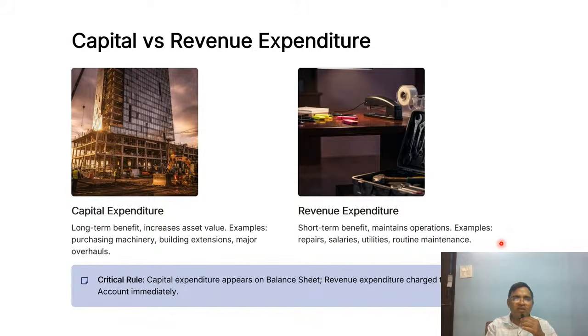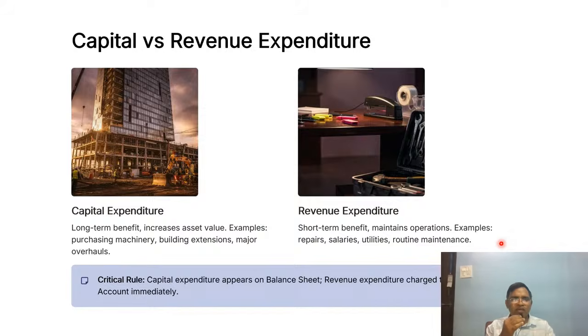Many times they ask, what is the difference between capital versus revenue expenditure? Capital expenditure means when you are purchasing land or fixed assets like machinery.